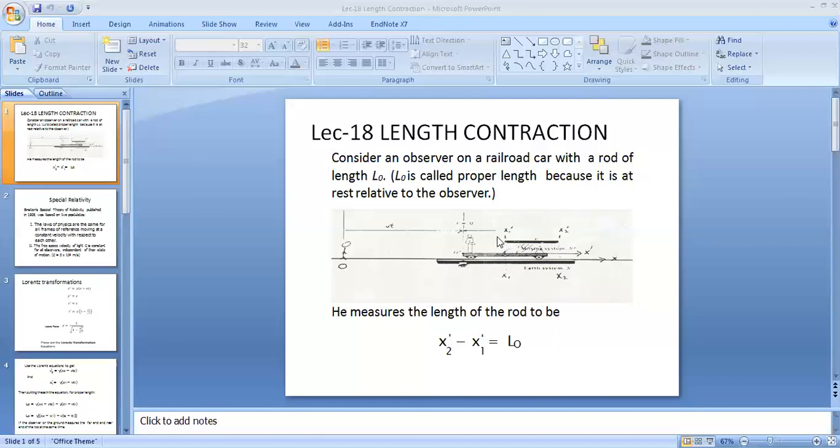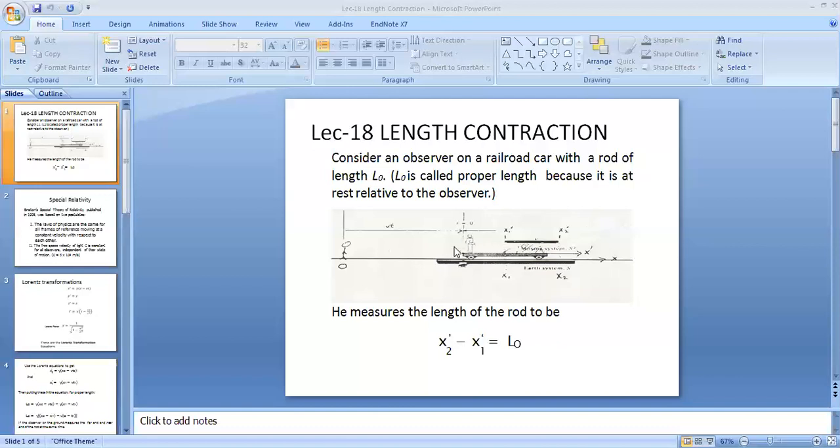If this rod is in the same frame of reference as observer 2, located at point O dash, we can say that this observer is stationary with respect to this rod.